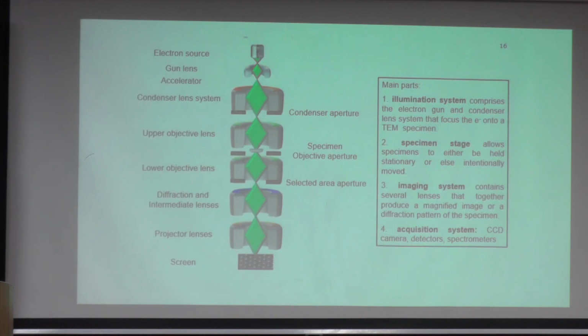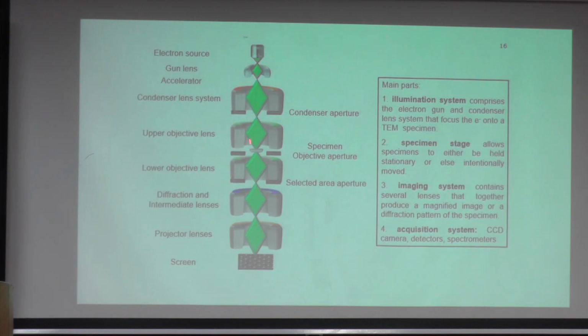Let's look more closely at our electron microscope. Here we have the electron source. Then we have gun lenses to focus your electron beam and then to accelerate it, and then the beam goes to the condenser lens. There it is transferred to the objective lens, which is the main and very important lens in the TEM.